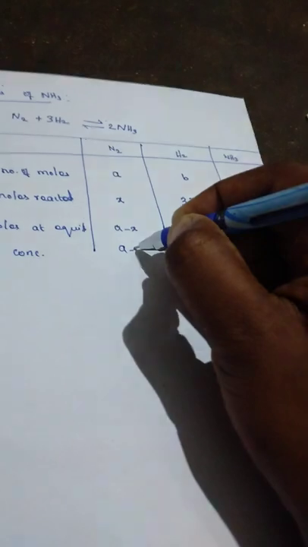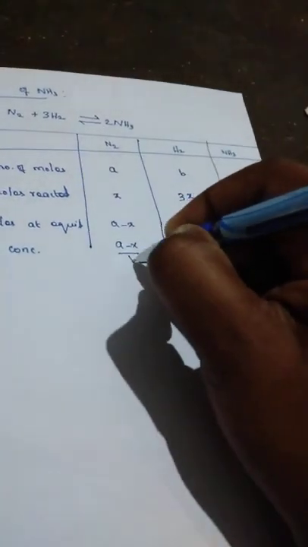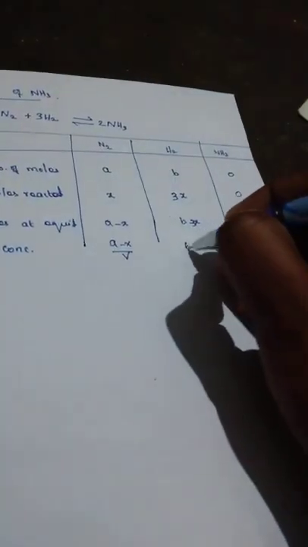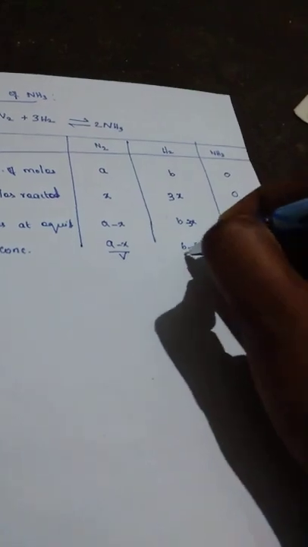Understand? Now in the last step you can write the molar concentration. Molar concentration means the number of moles divided by volume. So A minus X divided by V, here B minus 3X divided by V, and here 2X divided by V. Understand?